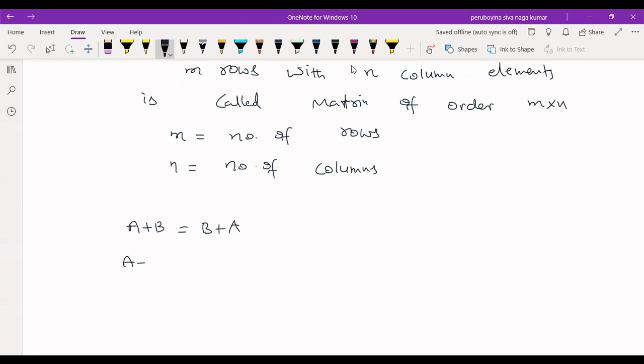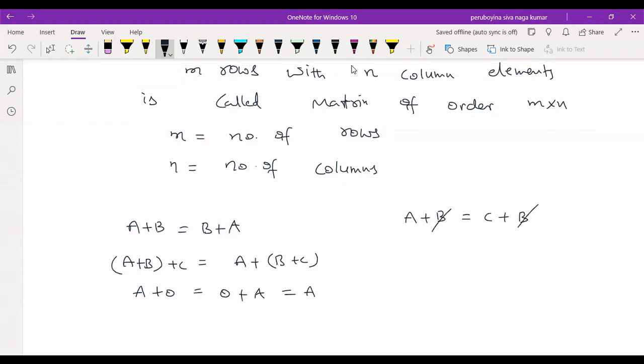It also satisfies the associative law: A plus B plus C equals A plus B plus C. Also A plus O is equal to O plus A is equal to A, so O is called the identity matrix for addition. And the cancellation law: if A plus B is equal to C plus B, then you can cancel B and equate A and C.